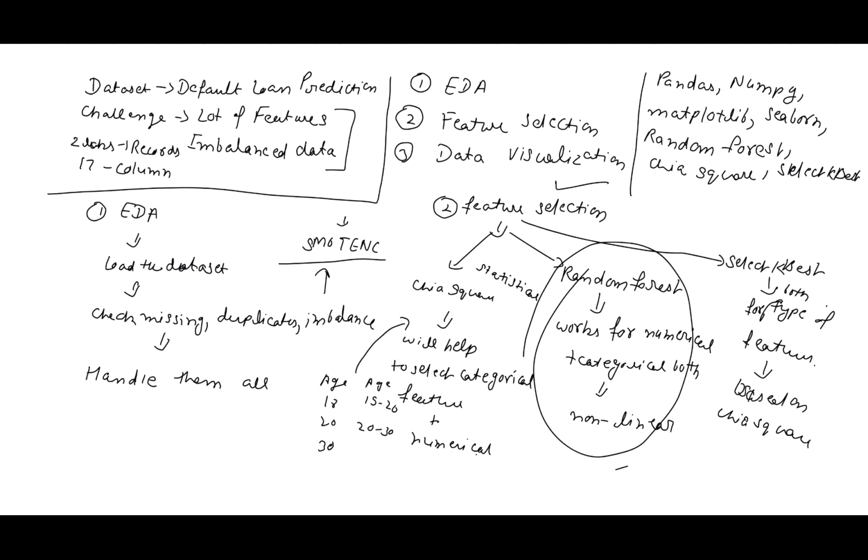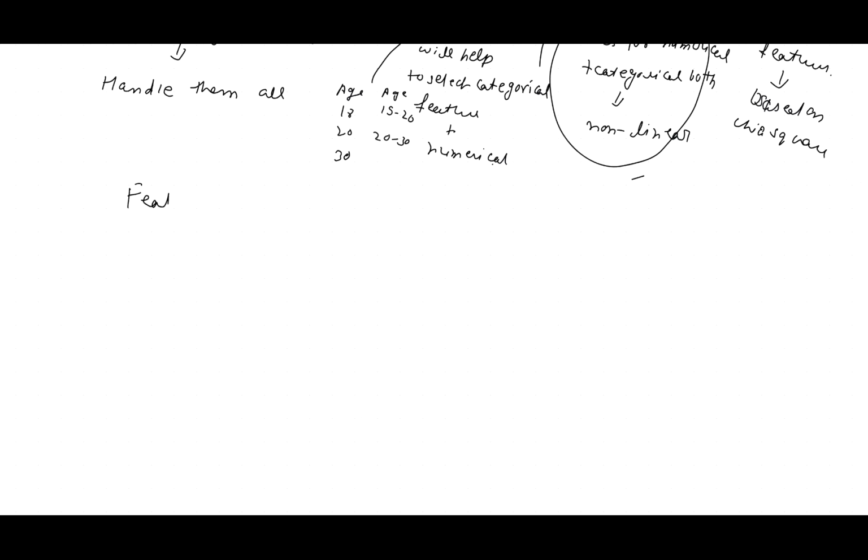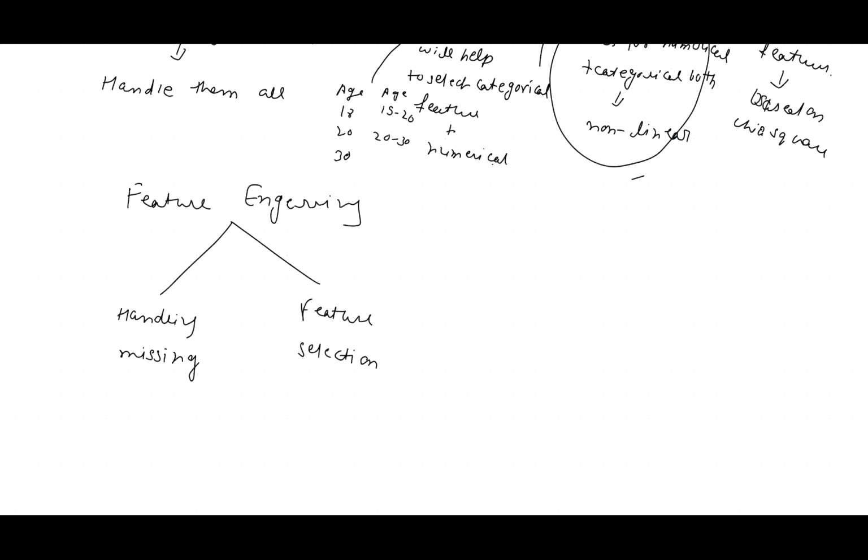In short, I have already built a video on feature engineering, but I'm just giving you the recap. Just ignore my spelling mistake. So feature engineering contains handling missing values. This is also a part of feature engineering. It is feature selection, choosing the best model.